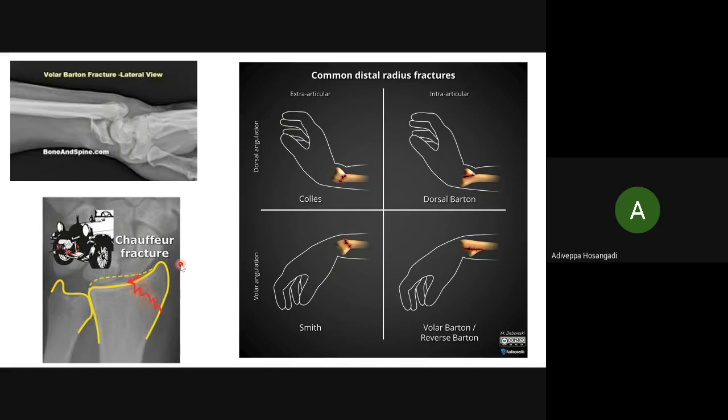This lever is used in a jack also. Suddenly, if you leave this lever, it hits back with a force. In the olden days, chauffeurs used to start the vehicle with a lever used for a jack or for raising rolling shutters. That's how the name Chauffeur fracture came for radial styloid fracture.